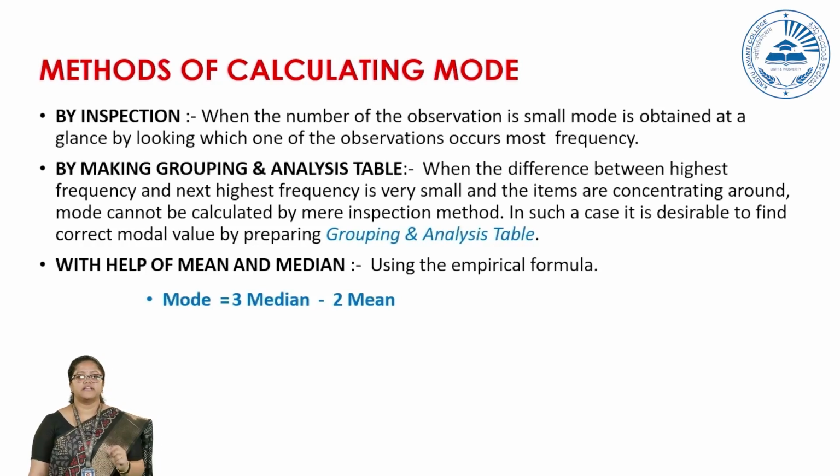Here first we will calculate the median and the mean, or sometimes the median and mean are already given. In that case we will calculate using 3 median minus 2 mean. So these are the 3 common methods for calculating the mode: inspection method, grouping and analysis table, and mean and median.